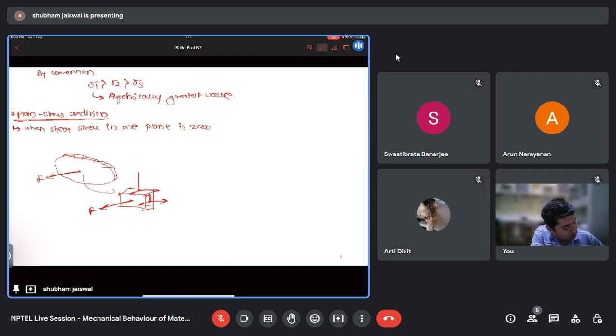And here normal as well as shear stresses are acting. Okay, so after that we came across the concept of plane stress transformation. So why do we need a stress transformation? Can anyone answer?